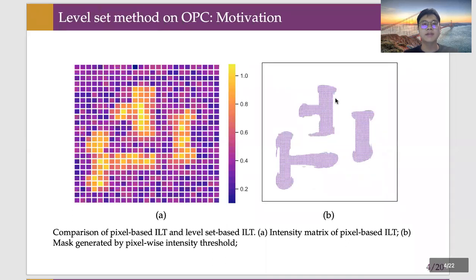The motivation for the level set-based method on optical proximity correction is this: the pixel-based ILT is visualized in figure A, and the mask generated by the pixel-wise intensity threshold is visualized in figure B. As you can see, figure B has complex boundaries, which are hard to manufacture.